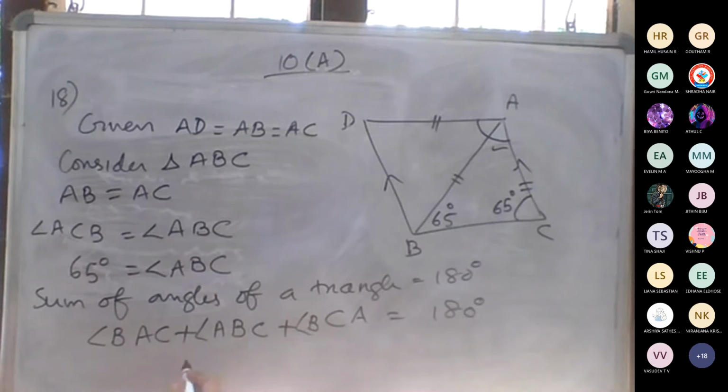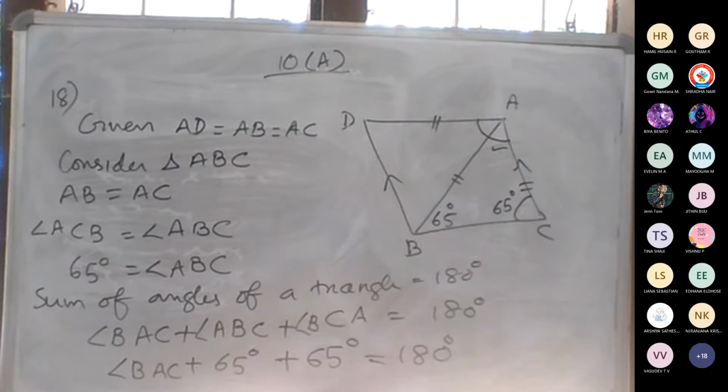We got ABC as 65 degree. And already we have in the question ACB, or BCA, that is also 65 degree. Angle BAC will be what? Any doubt in this? Please tell me. Is it clear?